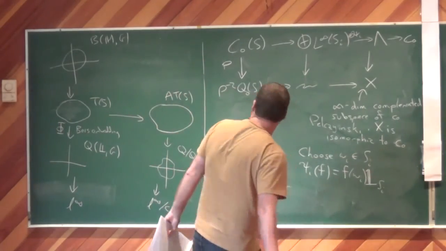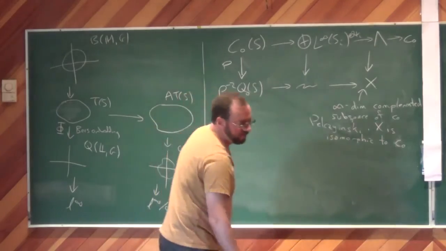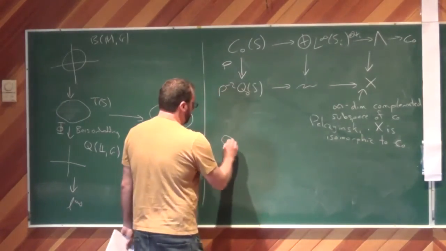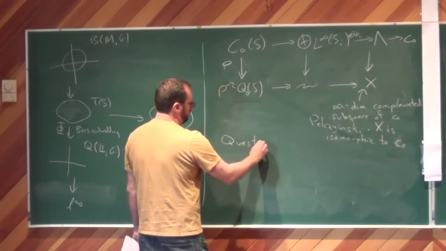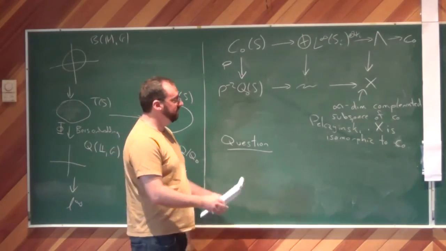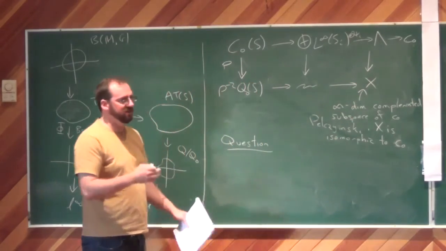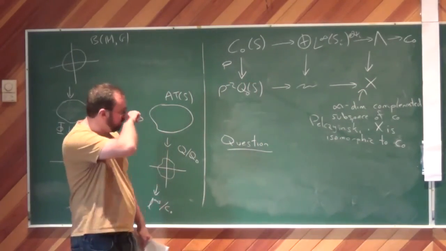Now let me just finish by throwing another question in there. The bi-Lipschitz constant you get, the isometric distortion that you get from the Pelczynski result, is non-constructive. It doesn't tell you what the isometric distortion is.